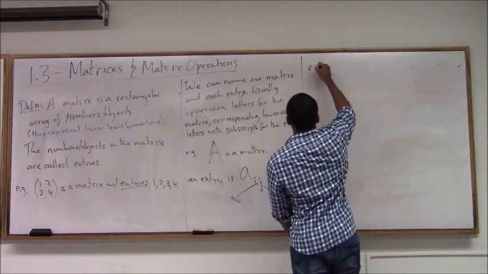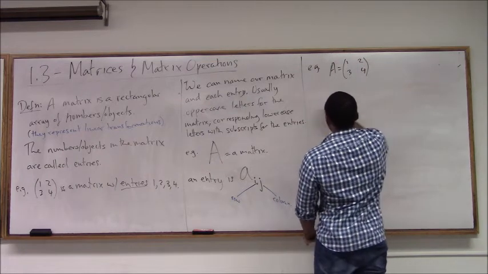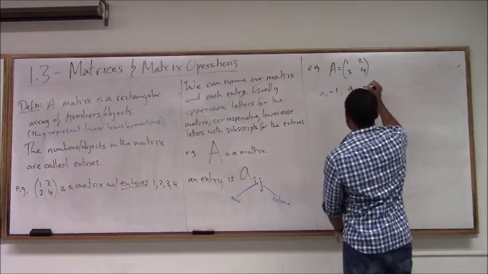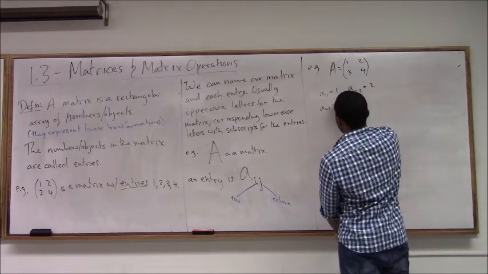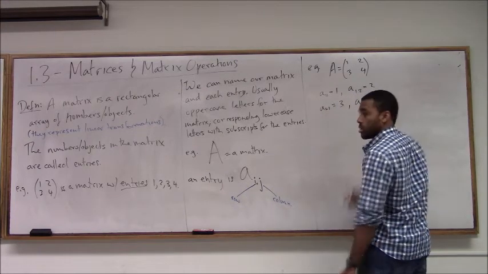So another example, if my A is 1, 2, 3, 4, then A11 is 1, A12 is 2, A21 is 3, and A22 is 4.